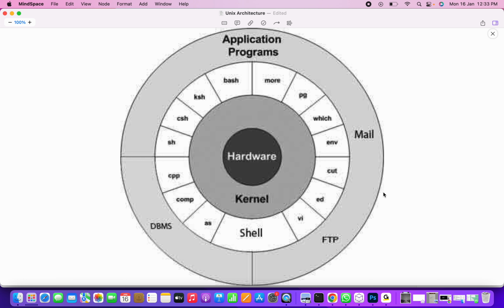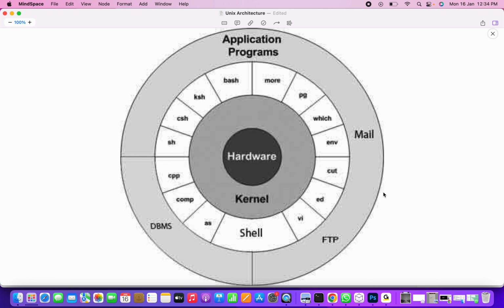Then we have environment variables, and shells like bash. On top of the kernel we have the application programs in the Unix architecture, like the mailx function, sftp, ftp, and DBMS. Then we have web servers and application servers. Many more functions you can install on Unix. These are the outer side.